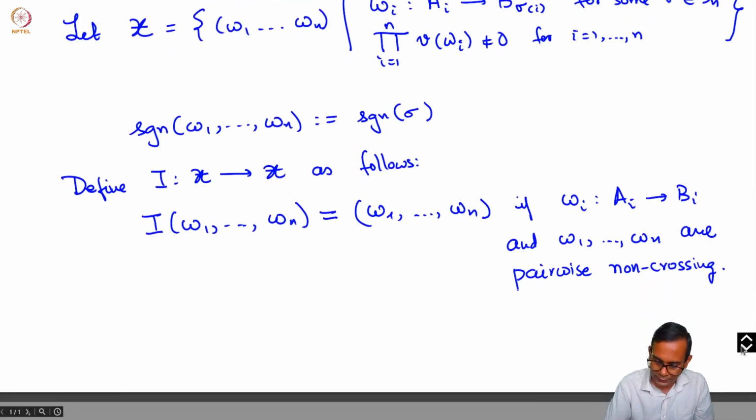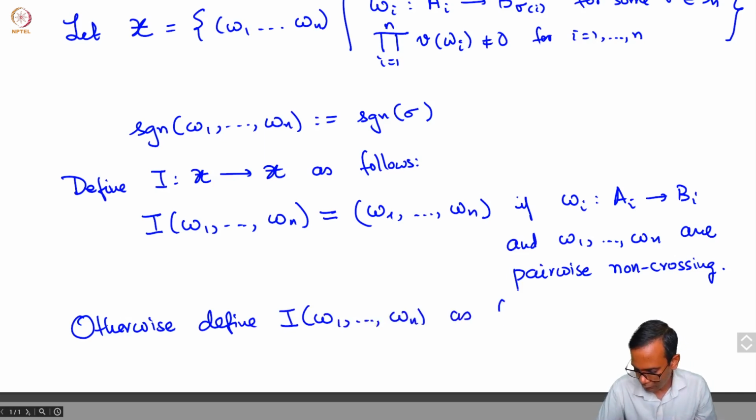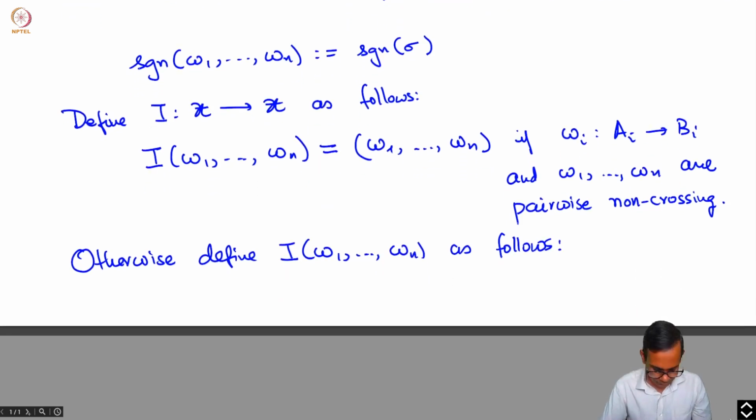Otherwise, the definition of I is a little more complicated. So it's helpful here to draw a picture.